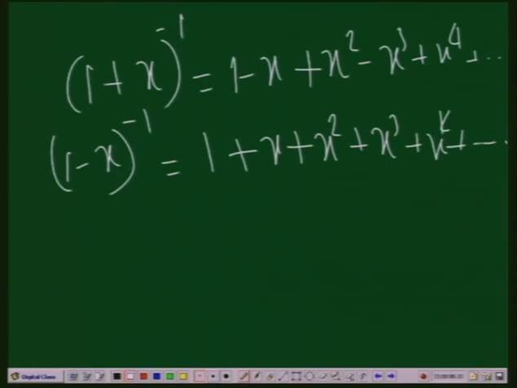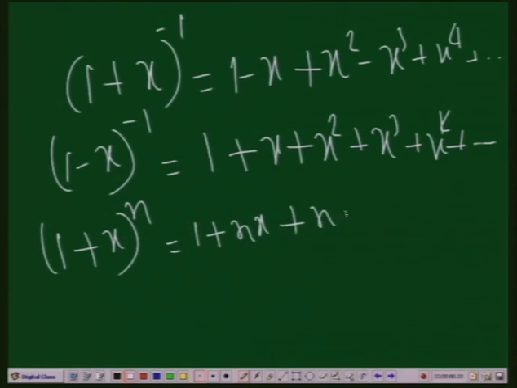Of course, in general, instead of minus 1, if you have any other power, use this result: 1 plus x whole to the power of n is 1 plus nx plus n into n minus 1 by 2 factorial into x square plus dot dot dot. Next is n into n minus 1 into n minus 2 divided by 3 factorial and so on.